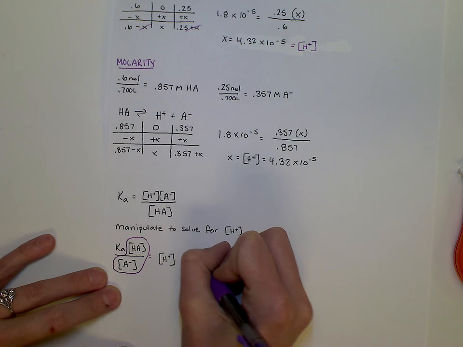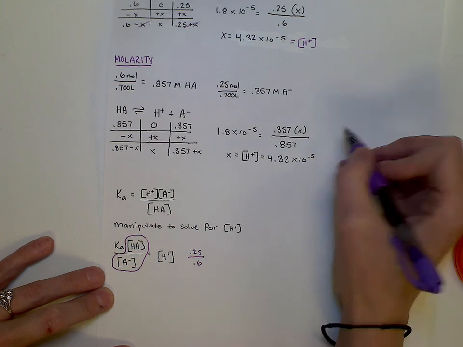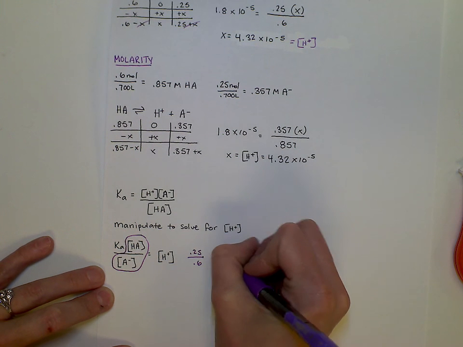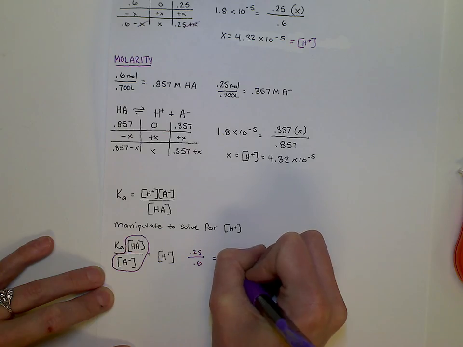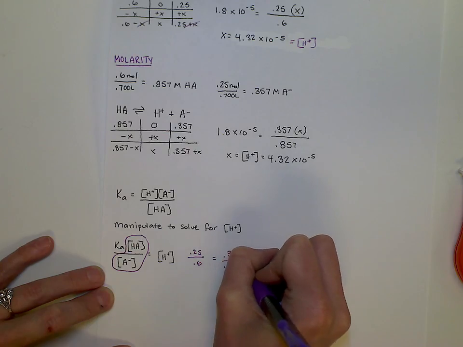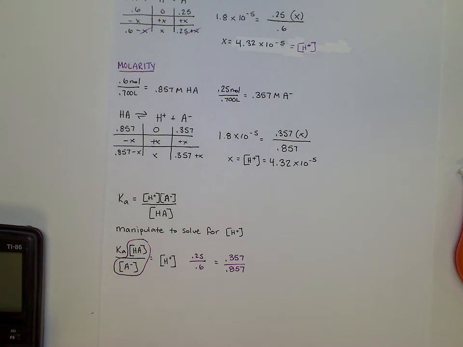What's that ratio? And then in the molarity version of it, we have 0.357 divided by 0.857. Okay, and if you crunch these out in your calculator, I actually haven't done that yet, but I'm pretty sure they are exactly the same number. They should be the same number.